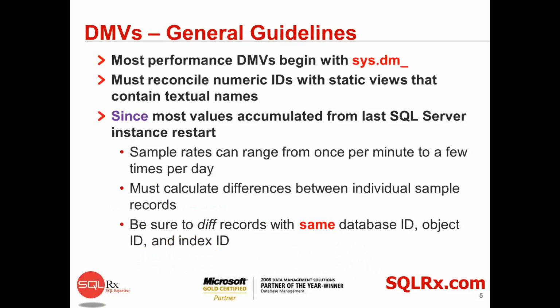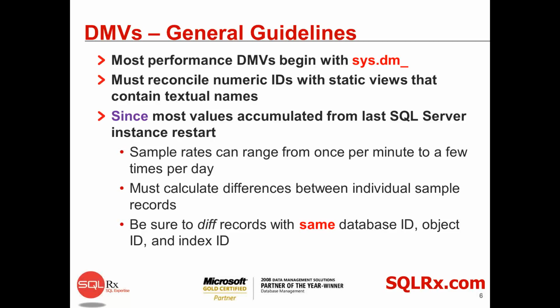Guidelines. Most of the performance DMVs that we use begin with sys.dm underscore. So if you want to find out all the sys.dm views and functions out there, just go ahead and grab all the views that start with sys.dm underscore.